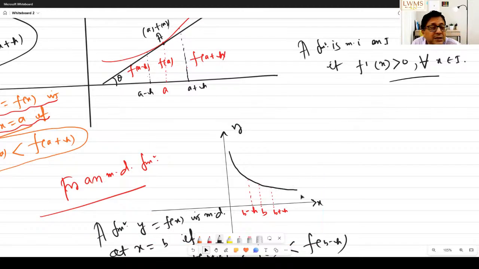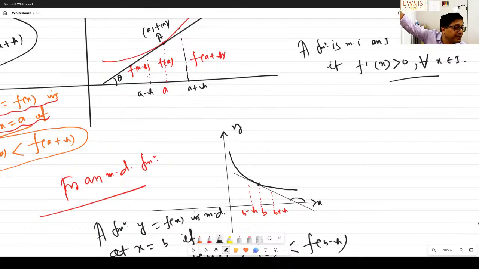Then you will ask me why this concept? Because this concept will help us to observe more accurately at a point why this is a decreasing function. At that particular point you draw the tangent for a decreasing function. What do you observe? It makes an obtuse angle at this point. So in an interval made of these points, at every point we check whether it is increasing or decreasing.